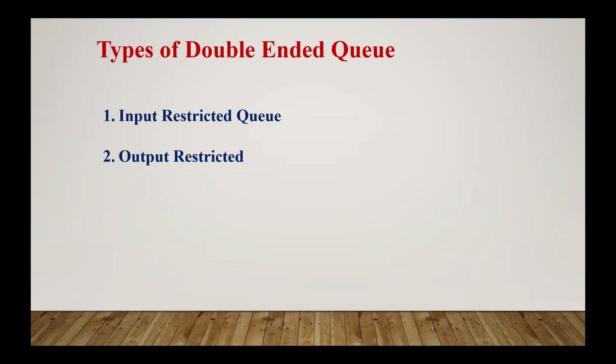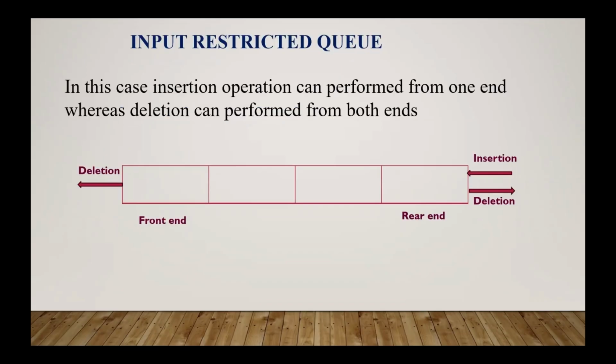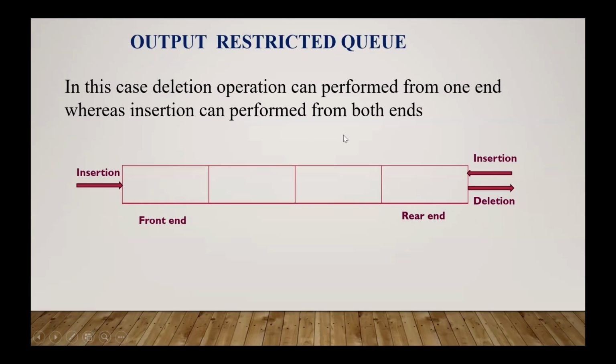Only one end can be used for insertion. In an input restricted queue, insertion can be performed from one end, whereas deletion is performed at both ends. Deletion is possible from the rear end and from the front end, but insertion is possible from one end only.